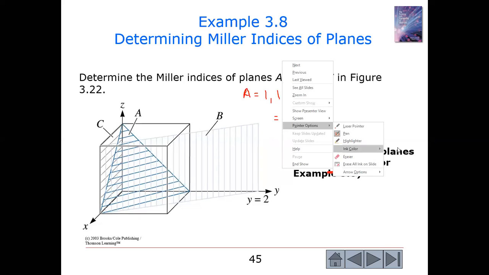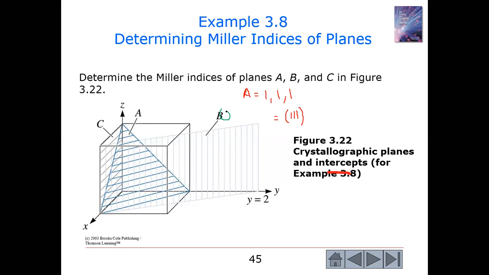So B, let's change the color. If you look at B, it is intercepting the x-axis at 1, intercepting the y-axis at 2. 2 is actually in the adjacent unit cell.